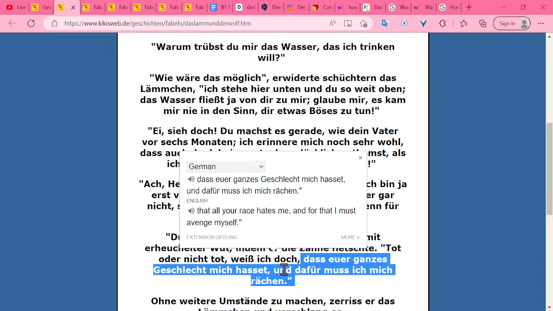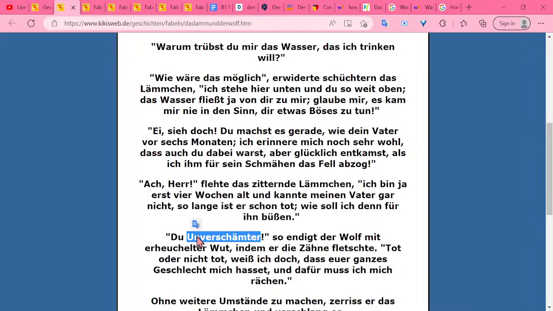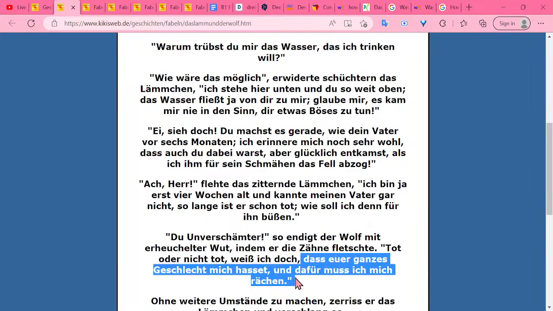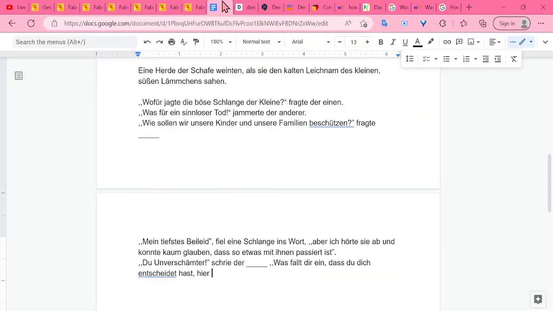Ooh, but I can't use the same expression. Unverschämter is okay. I can't just copy this. That would be wrong. Was fehlt dir ein, dass du dich entschied? Oh, I keep these. Ich habe mich verärgert. Du hast dich verärgert. Yeah, what's wrong with this?